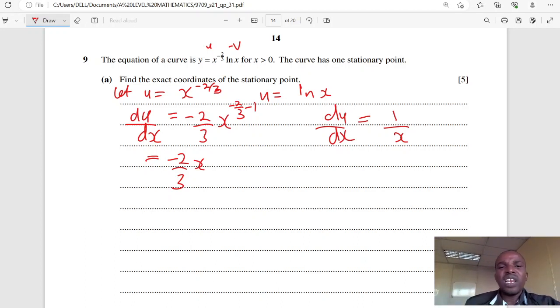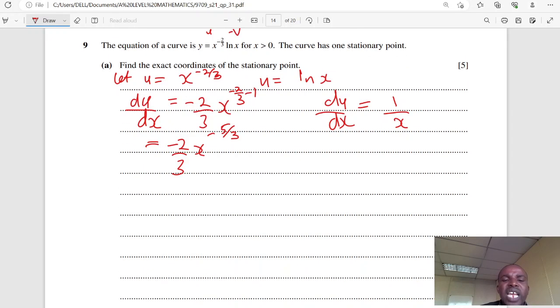So please make sure that you check with your calculator so that you avoid getting wrong answers. Check with your calculator always. Then you can simplify this part: it will be negative 5 over 3. Then dv over dx is equal to 1 over x.